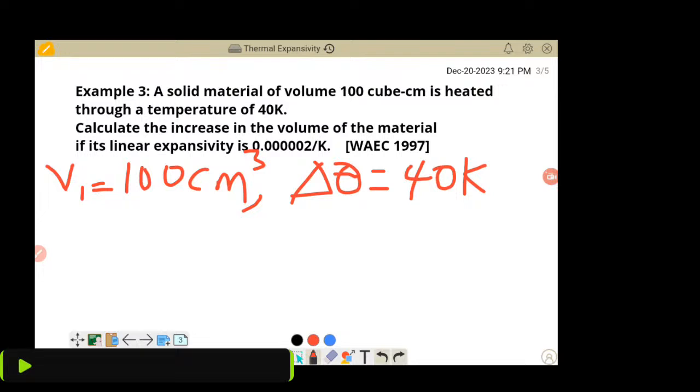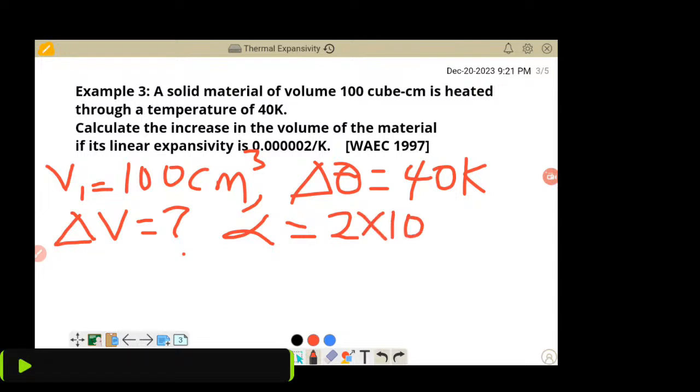Okay, now we have to calculate the increase in volume, which is delta V, that is the change in volume of the material. The linear expansivity alpha of this material is given in the question as 2 times 10 raised to power minus 6 per Kelvin if you take it to standard form.